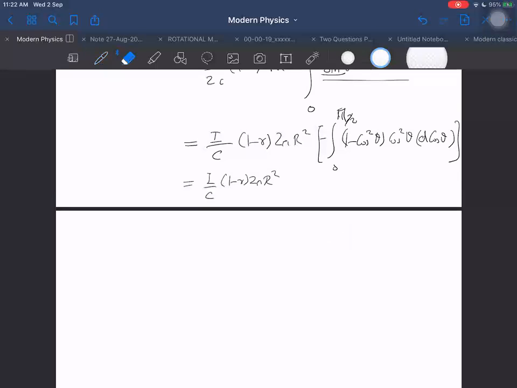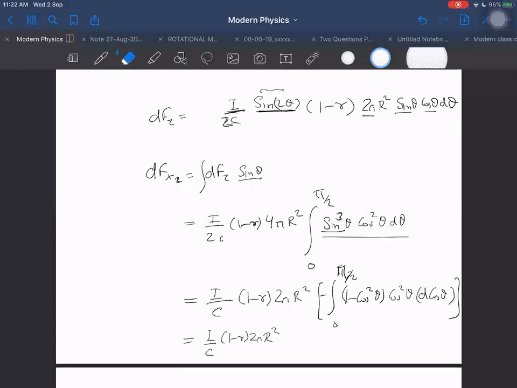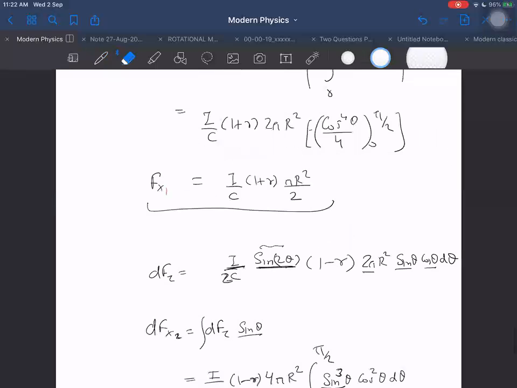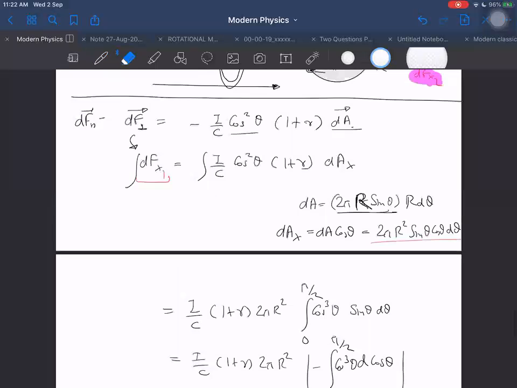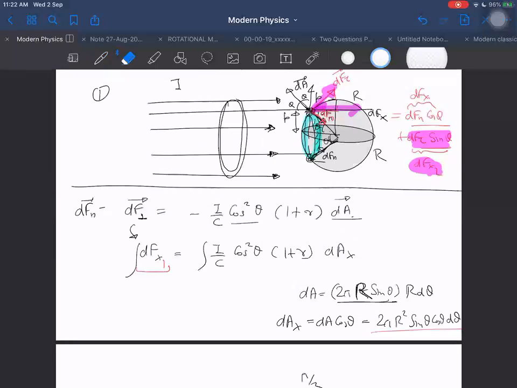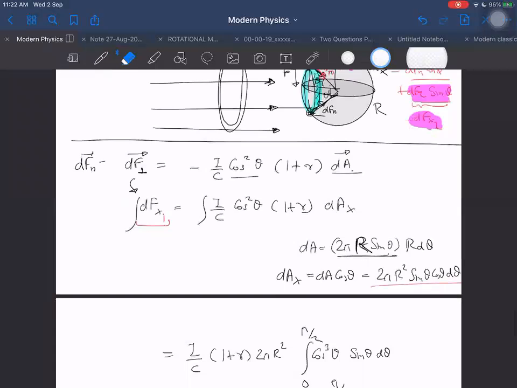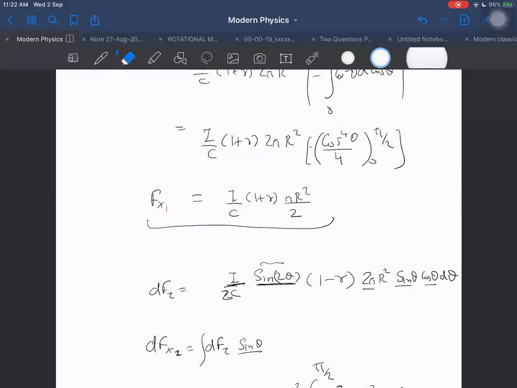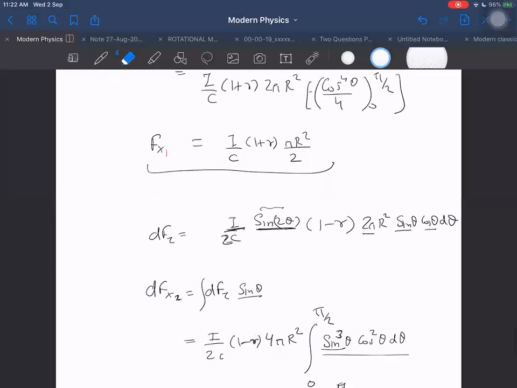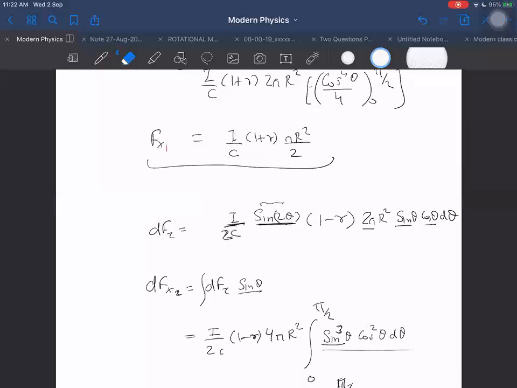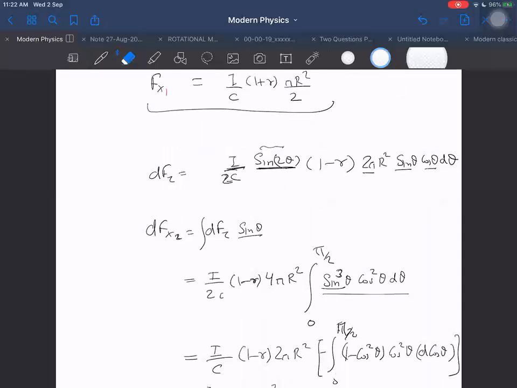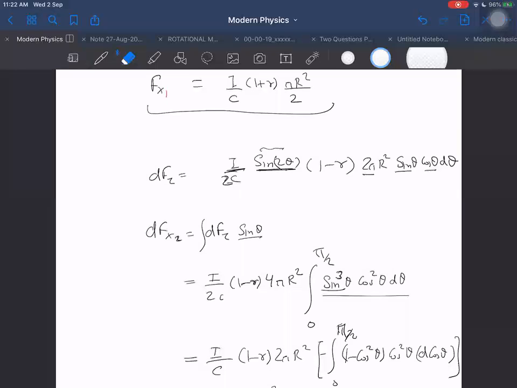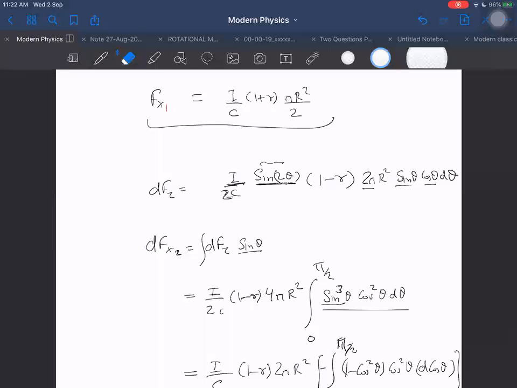What am I doing? Wait a second. I wrote I by 2c into sine 2 theta into... oh my god, how many times will I make mistakes.